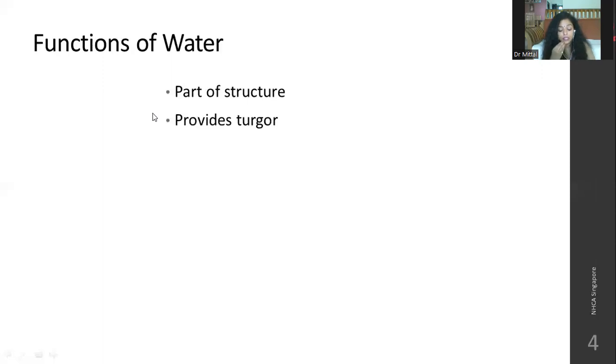It provides turgor. Turgor means fullness. You see a person who is well hydrated and a person who is dehydrated. What is the major difference that you see in these two people?